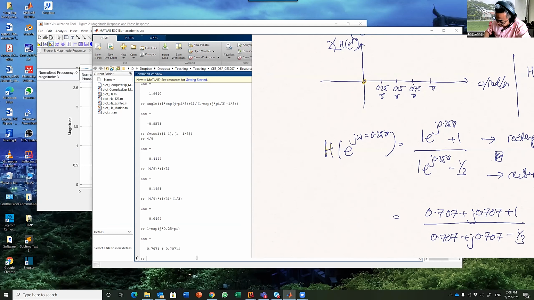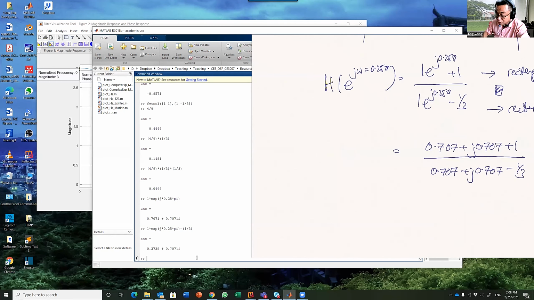And then you figure out this is 1.707 plus j0.707 divided by 0.707 minus 1/3, so it's this guy minus 1/3. The answer is 0.3738 plus j0.707. So you see the top and bottom.